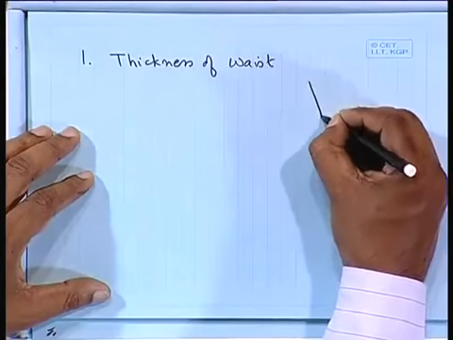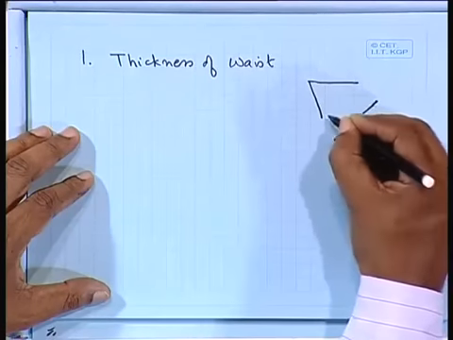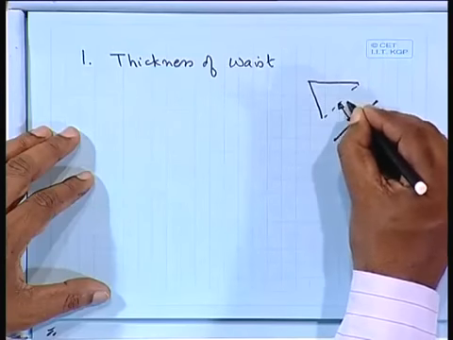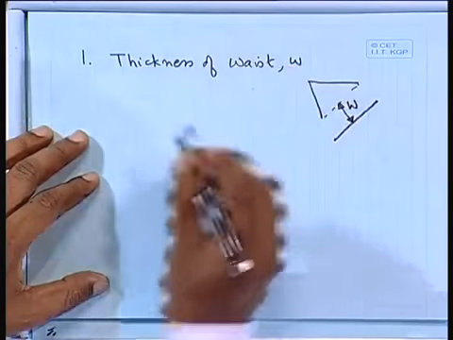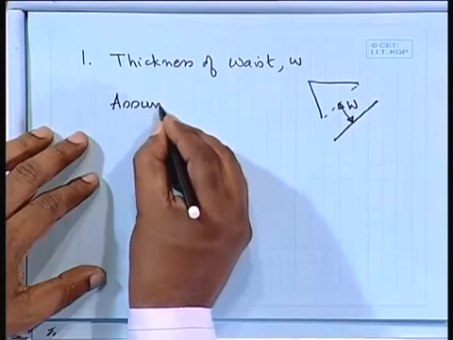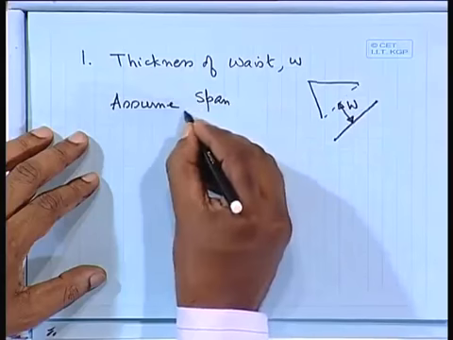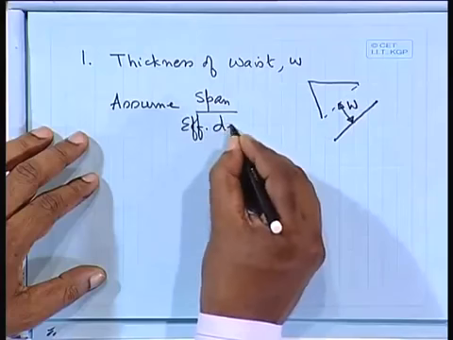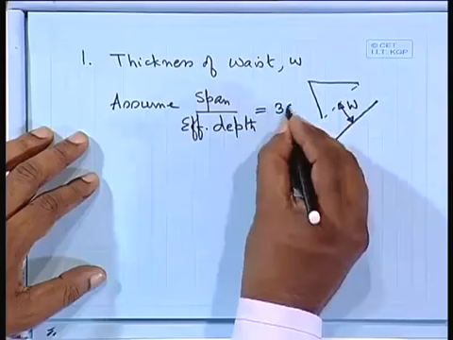So we are talking, let us just draw a figure. So this is your thickness of waist. Let us assume span by effective depth equal to 30.